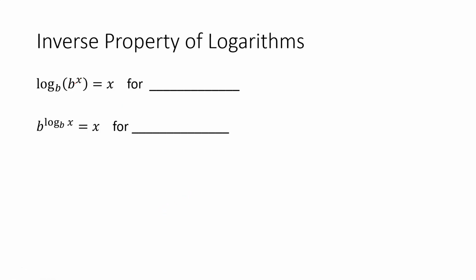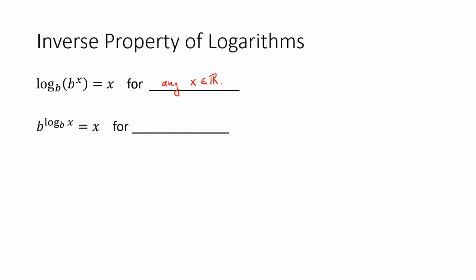And of course, because the logarithm and the exponential function are inverses of each other, it inherits some properties that any inverse functions share. So if I do the composition of log base b composed with b to the x, we know that this will equal x for any x that belongs in the domain of b to the x. So of course we know b to the x can take on any value of x, so this will be true for any real number x.